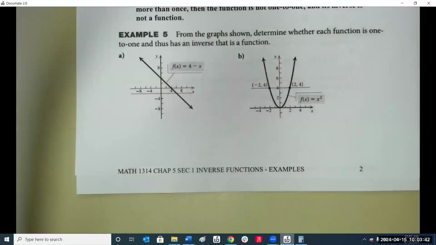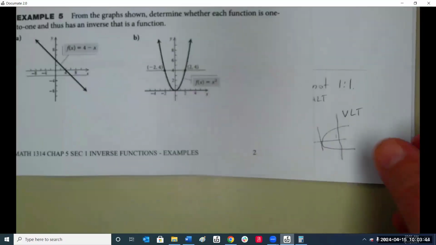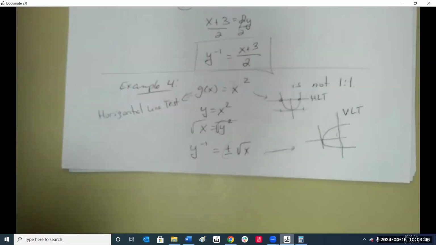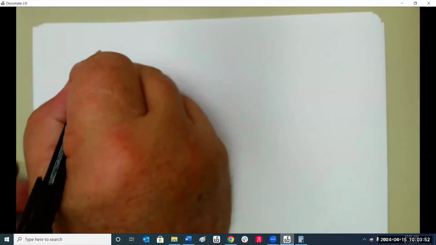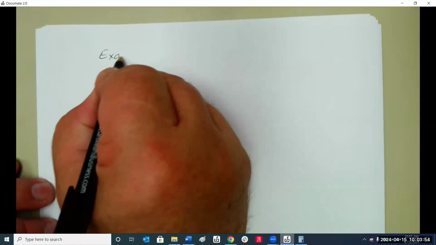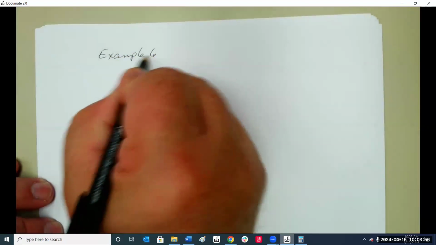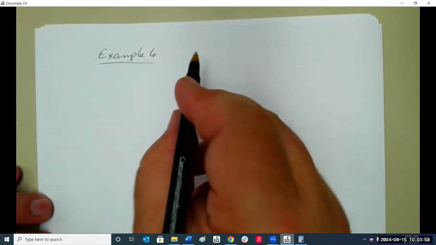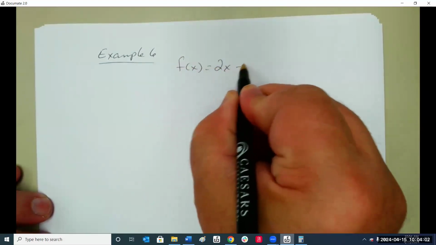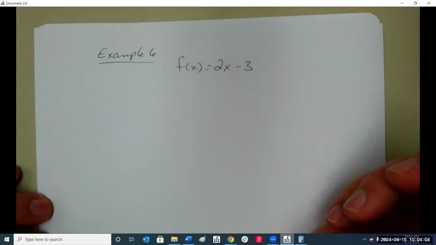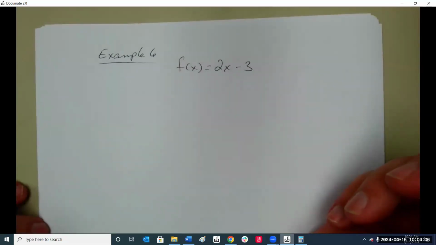All right, example 6. Determine whether the function is 1-to-1. And if it is, find the inverse.